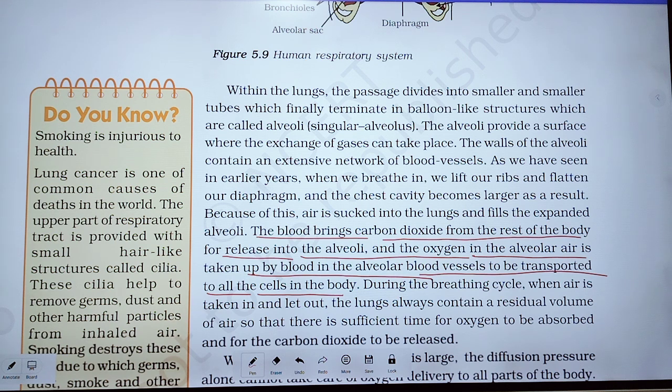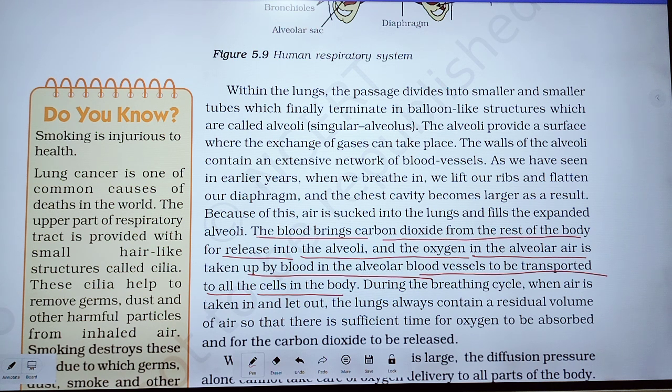The blood brings carbon dioxide from the rest of the body parts for release into the alveoli.